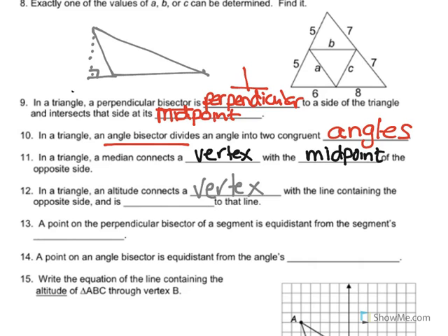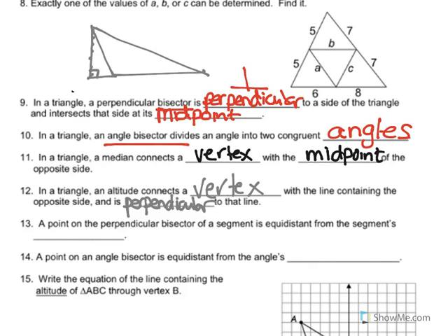Yeah, it connects a vertex with the line containing the opposite side, and it is perpendicular to that side, or to that line. I fumbled around on my words there a little bit, so it connects the vertex and the line with the opposite side.